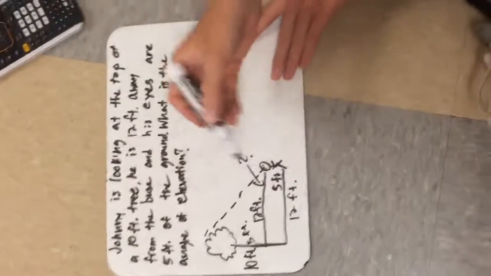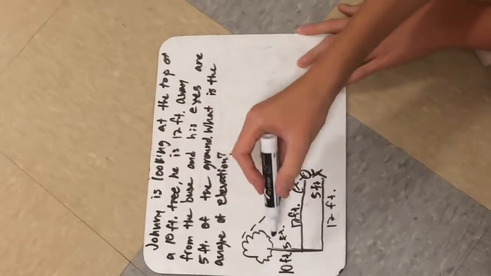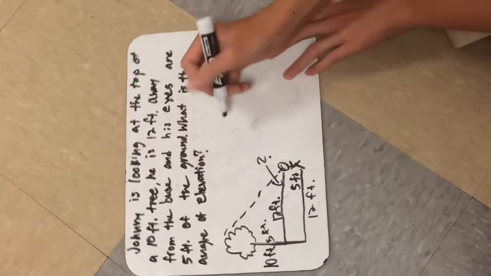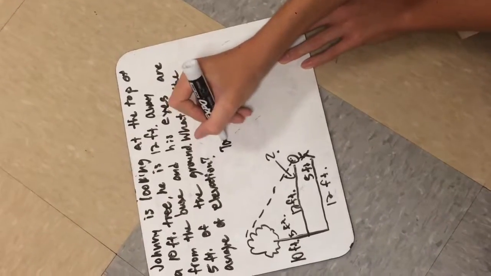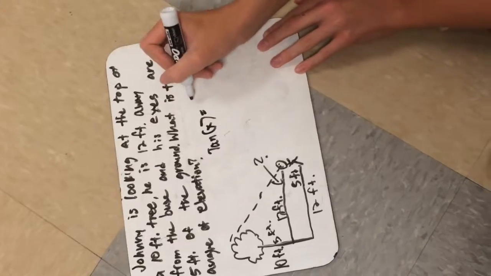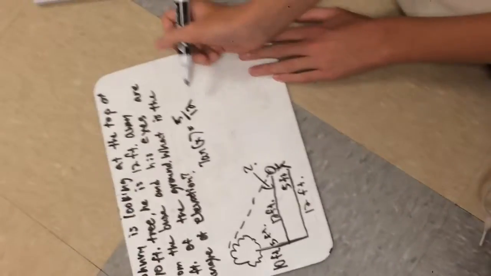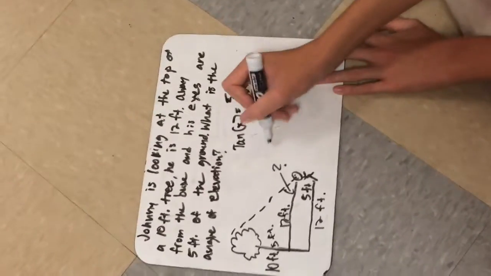And now we're going to use trigonometry again, and it's going to be tangent because we're given the opposite and the adjacent. So we're going to do the tangent of x is equal to 5 feet over 12 feet. And then we're just going to use the opposite of tangent again to cancel it out.